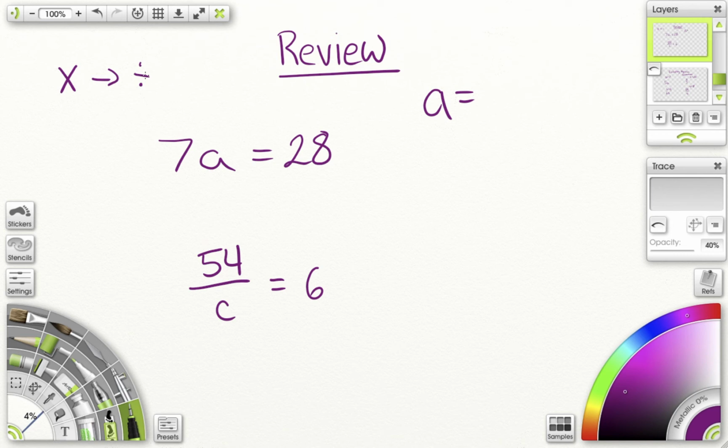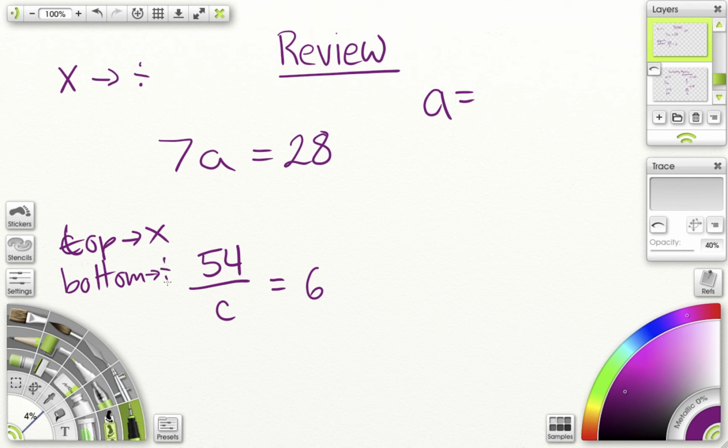For division, it can either be division or multiplication depending on where the variable is. If the letter is on top, so let's say C was on top, that means we have to multiply. So top means multiply, and the bottom, you still have to divide.